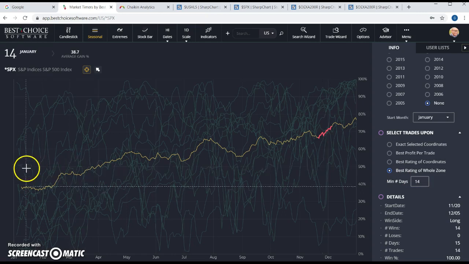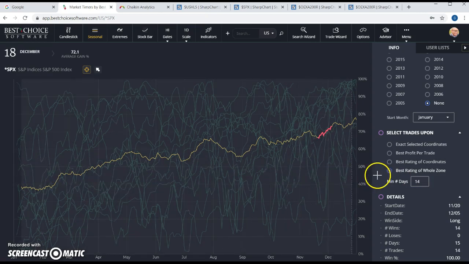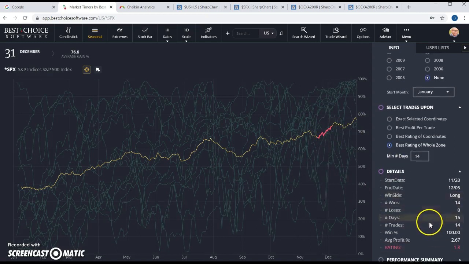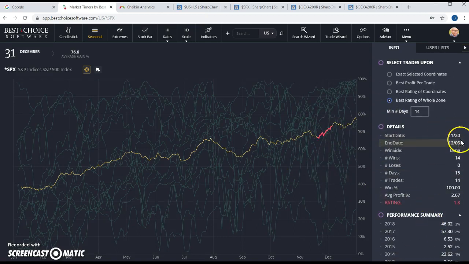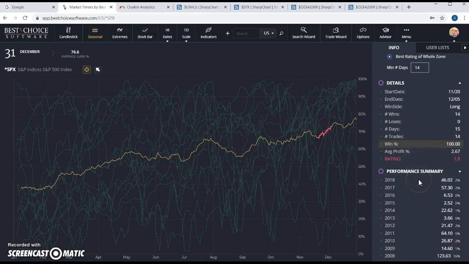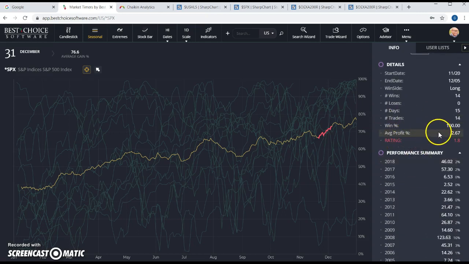When I scan it this way, this is the trade that comes up, and the dates are November 20th to December 5th, and it's a 100% win percentage. Average profit is 2.67%, over a 13-year period from 2005 to 2018.